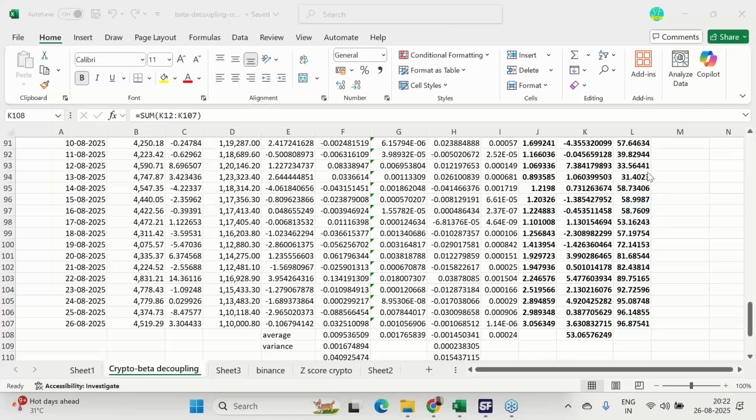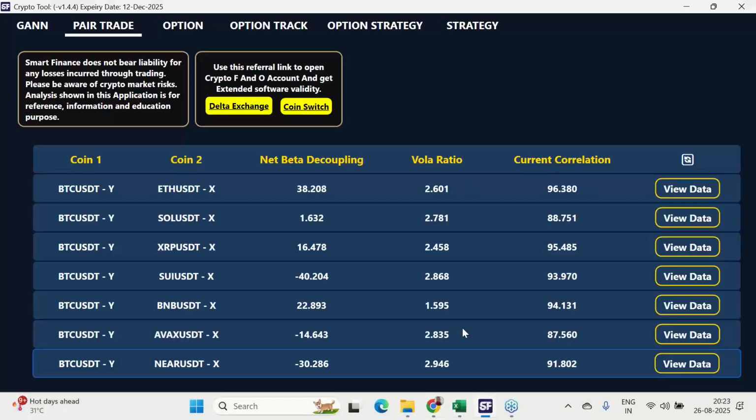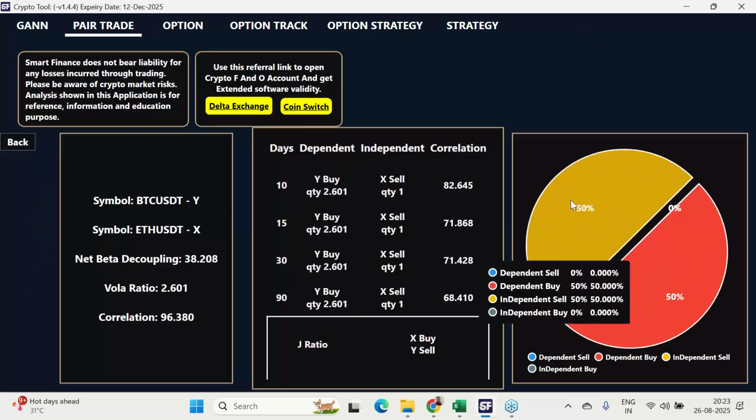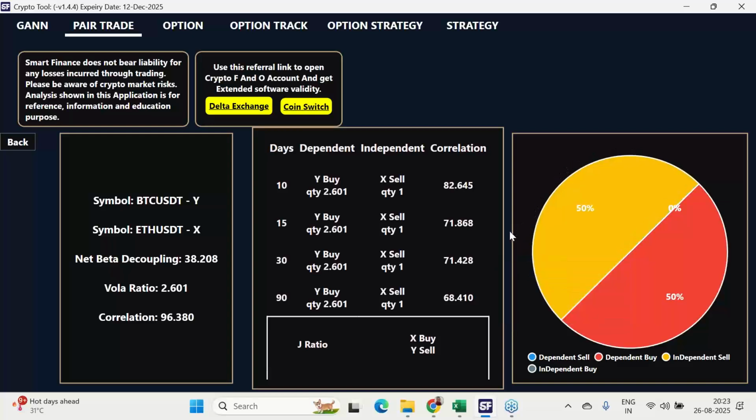But we have given the software to many of you. Here, if you go into the software, it gives you the net decoupling. Here the data sets change in different ways, and a little refining happens. So Y is Bitcoin, Ethereum is X, so no conflict here. Decoupling 38 is coming. Volatility ratio 2.6.